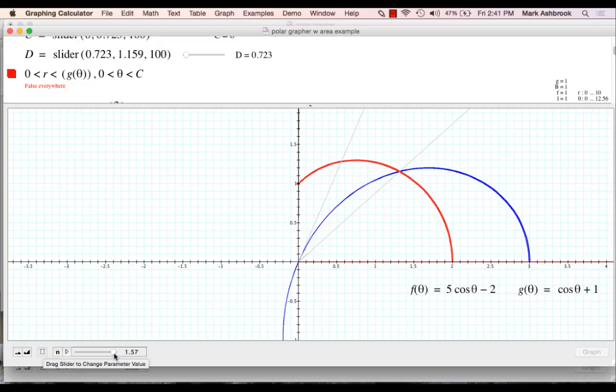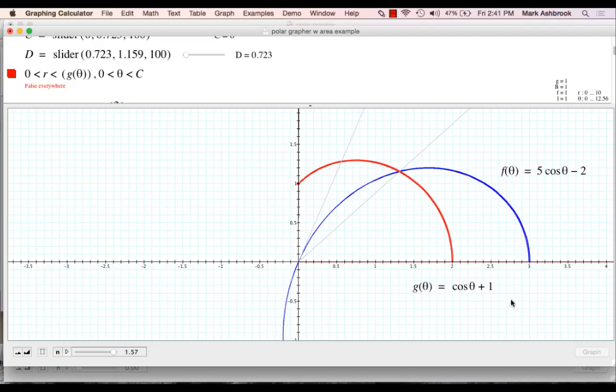Which is which? What do you think? Blue one is f. That's right, because it's going to start at 3. Red one is g.